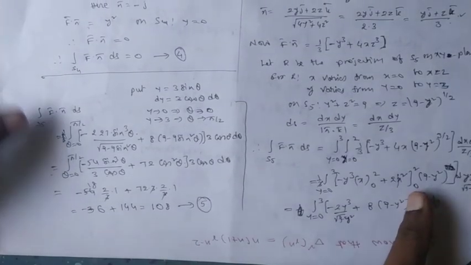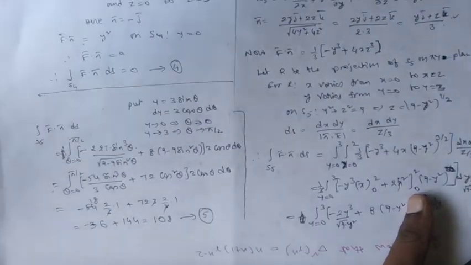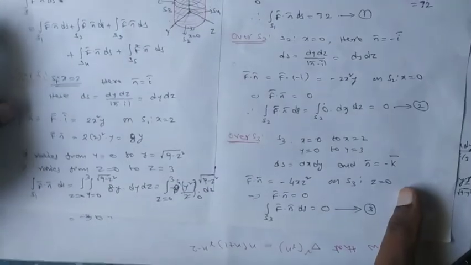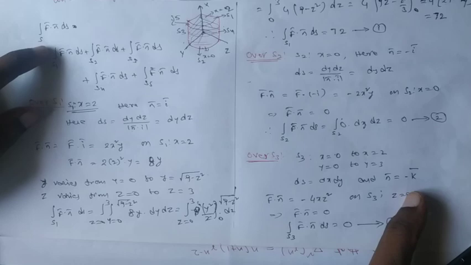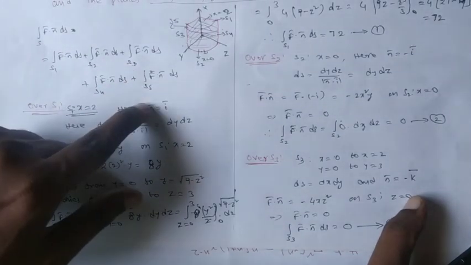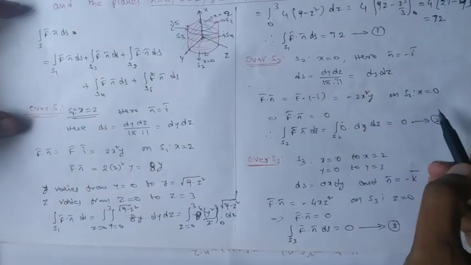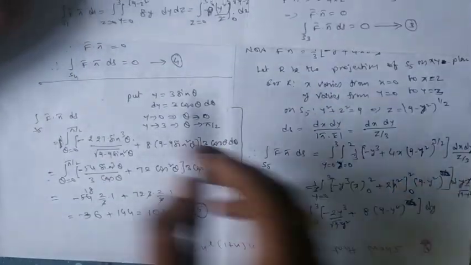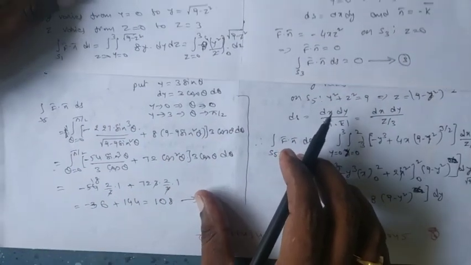So totally, once you observe this problem, the integral over S of f bar dot n bar dS becomes the sum of all these 5 integrations. The first one is 72, the second one is 0, the third one is 0, the fourth one is also 0, and the fifth one is 108.